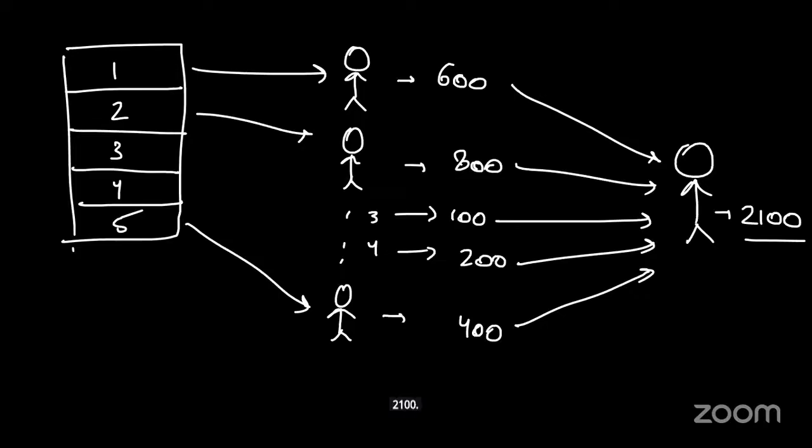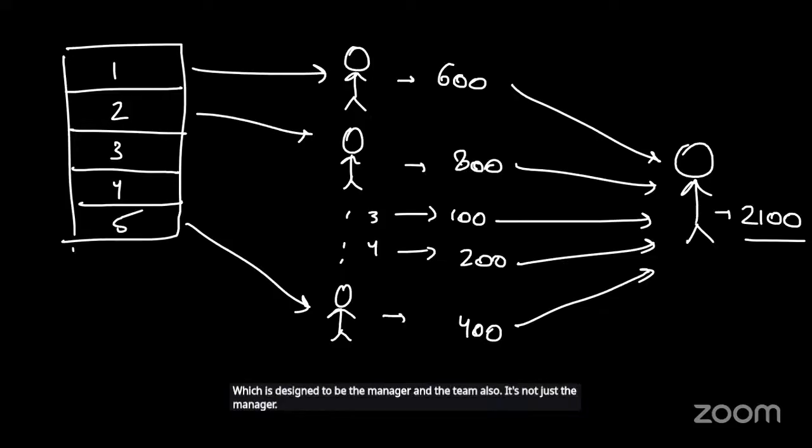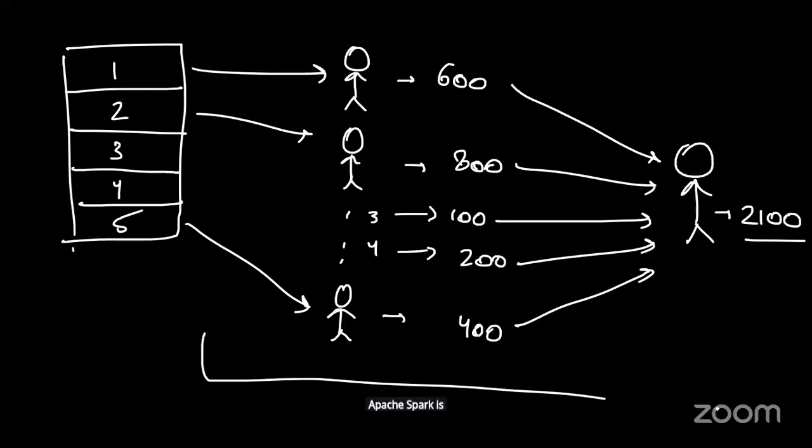So that is, in essence, exactly what Apache Spark also does. What you saw on your screen is exactly how Apache Spark works. It is a very powerful system which is designed to be the manager and the team also. It's not just the manager. Apache Spark is this entire structure that you saw. All right. So manager and the entire team for processing massive data sets.